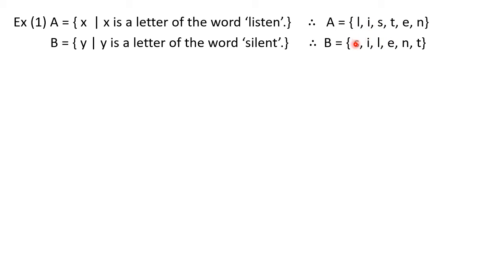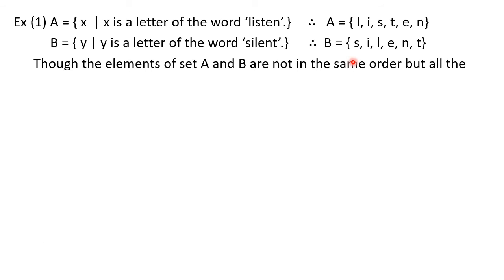S is also present. T is present. E is present and N is present. Okay, so exactly the same elements are present here in both the sets. So we can say that set A is equal to set B. Okay, so what we can write down is, though the elements of set A and B are not in the same order, the elements are identical, and therefore set A is equal to set B.